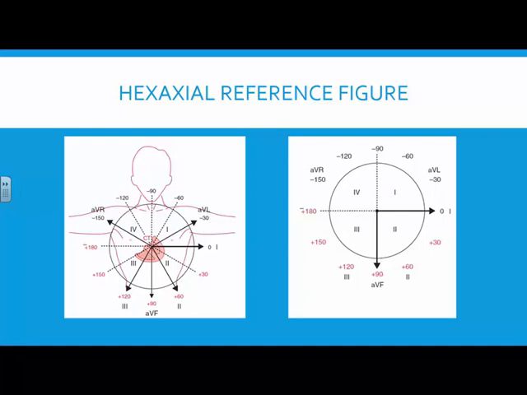As the current pops off in the SA node, it goes down. As my atria is depolarizing, that electrical current is going towards the positive. This line is just a reference. It's nothing other than saying, hey, look over here.